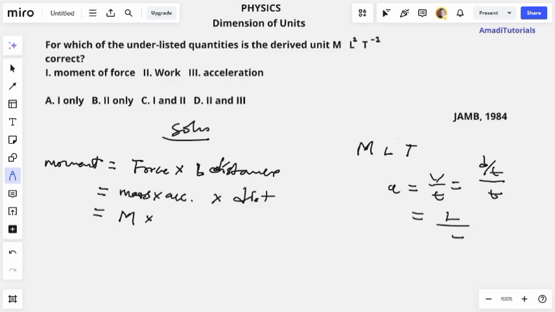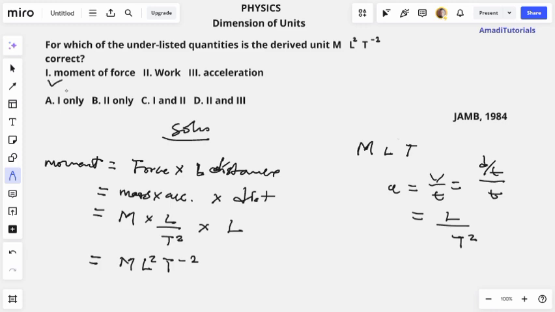So there are two times here, that will be T raised power 2. So mass times acceleration times distance will be M, L over T squared times L, which is L squared over T squared. If you take this T to the numerator, it becomes minus 2. So you see that moment of a force has this as its dimensional unit.